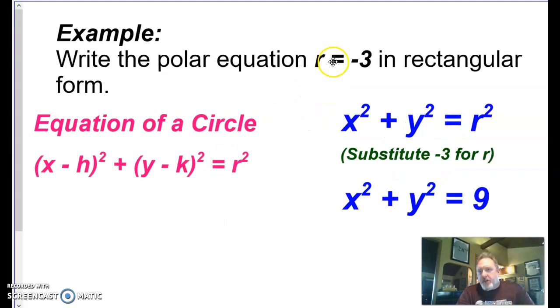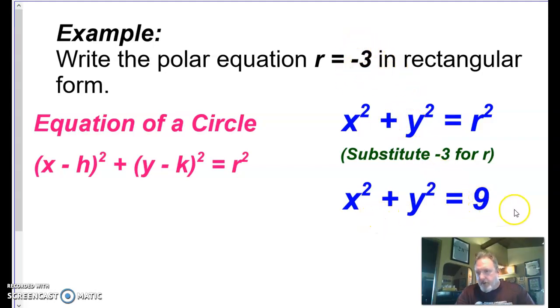So, polar equation r equals -3 in rectangular form. If you were to graph this on a polar grid, that would be a circle. And so this is really a radius value. And if you square that, you would get 9. And so in rectangular, for a circle, that's this equation here, but we're at 0, 0. So x squared plus y squared equal to this radius squared.